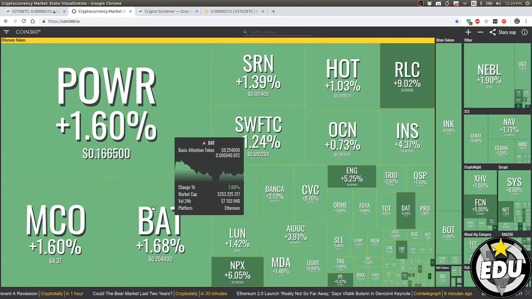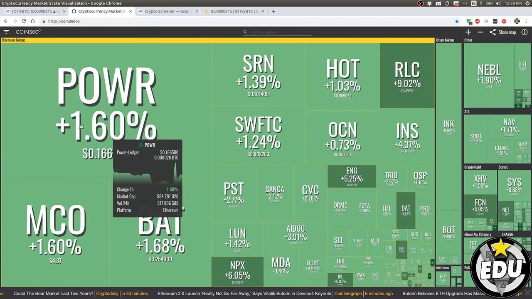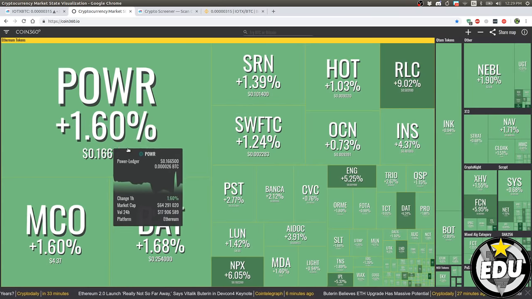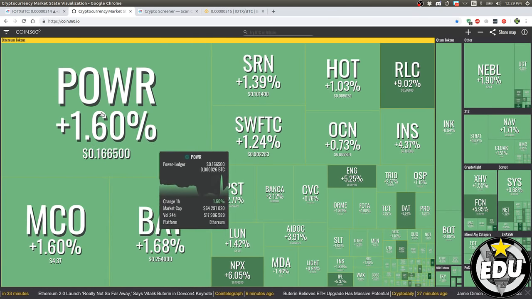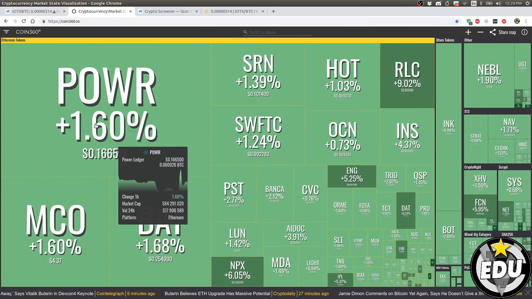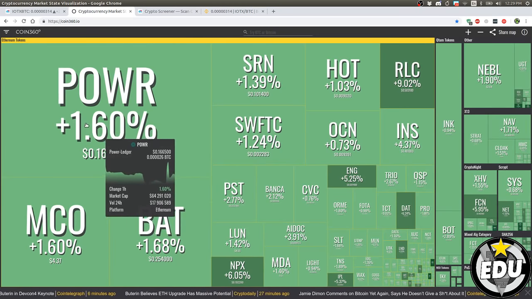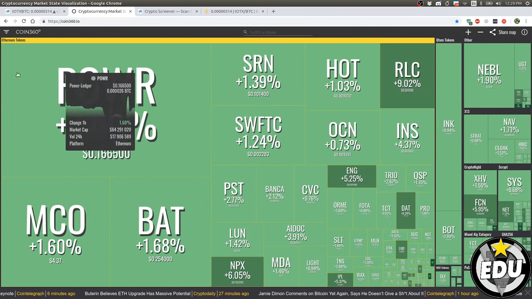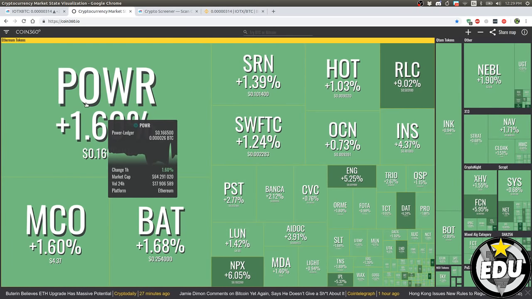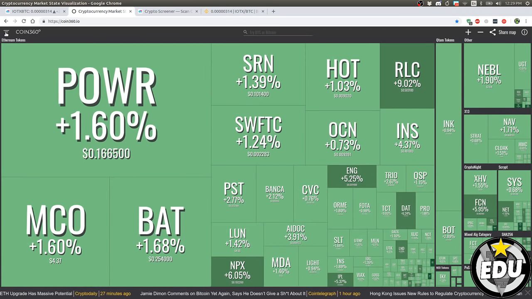Change 1 hour, because if you guys can see, the percentage is just the percentage change of the price, not the volume. So even though I'm checking the volume performance here, the percentage is the price, and the rectangle is the actual total volume in 24 hours.